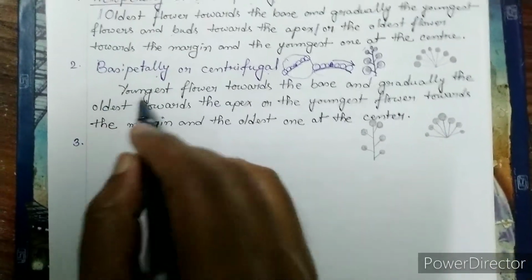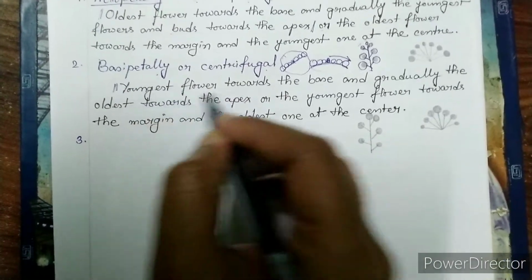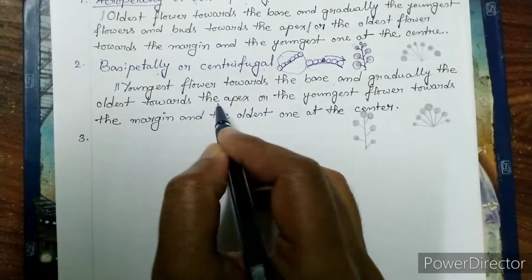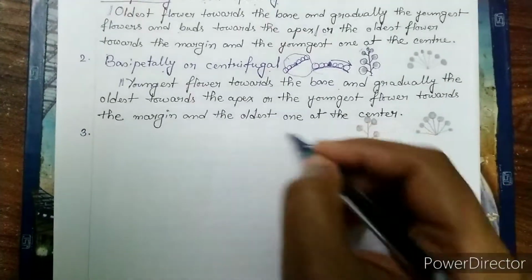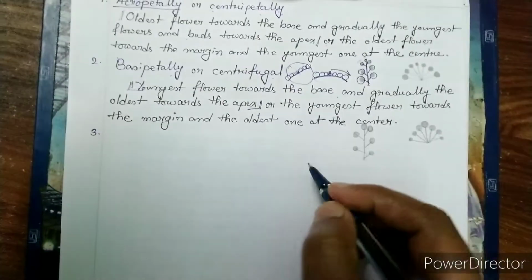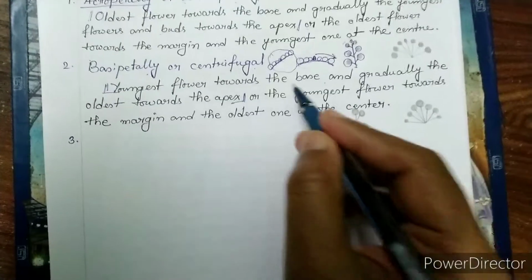Now in basipetally, the youngest flower is toward the base and gradually the oldest toward the apex. Okay, think that whatever I say to you, the youngest flower is toward the base.